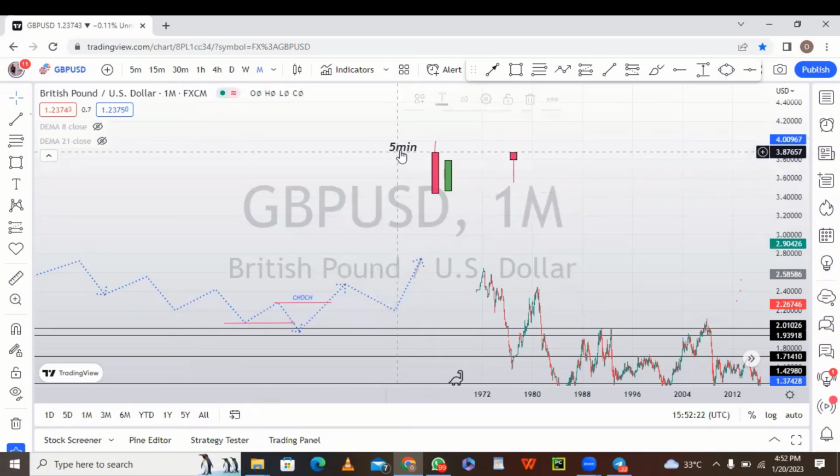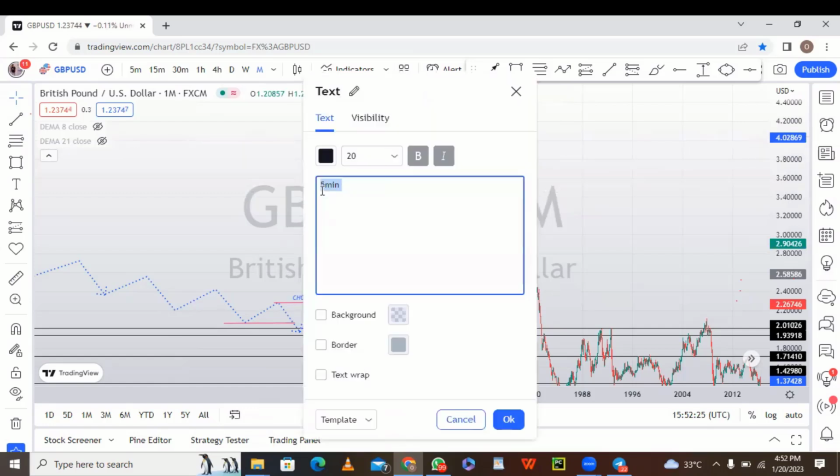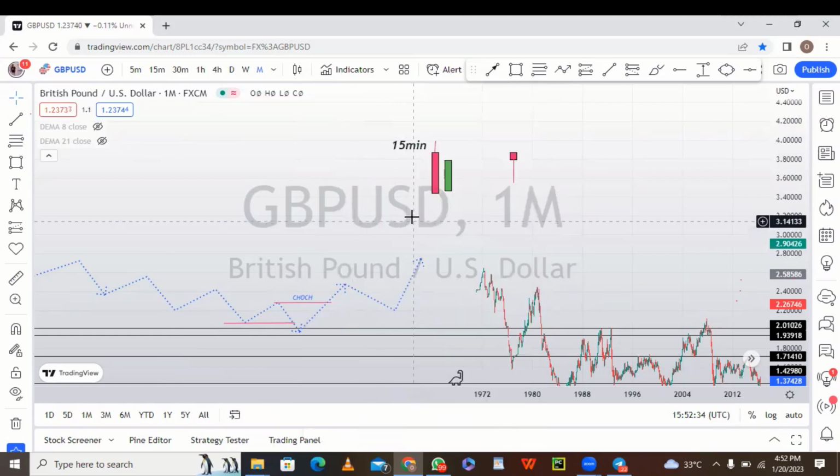Or let's assume this candle you're seeing here is the 15-minute candle. You have this and this. Based on the explanation I've given so far, it implies that it took 15 minutes for this red candle to be formed, and also 15 minutes for this green candle to be formed.